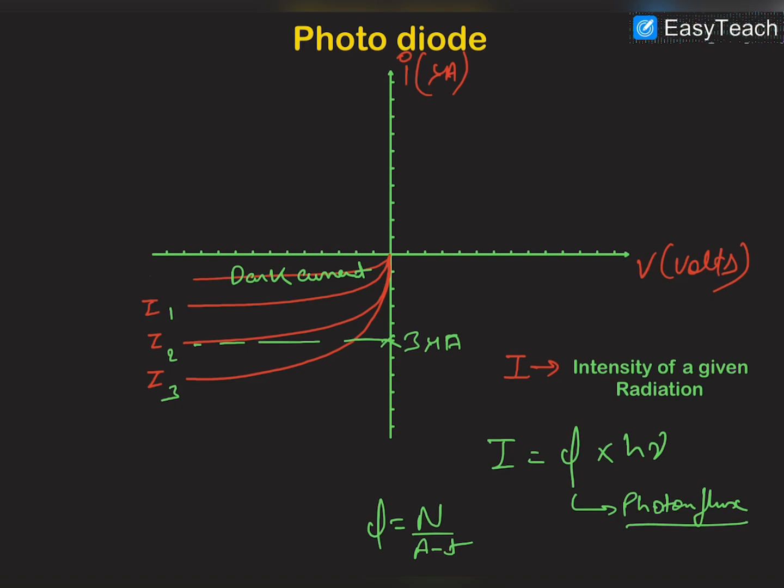So we need to operate this diode in reverse saturation mode, and therefore by keeping the doping concentration mild, not very heavy, we increase the depletion region width, and we increase the value of the reverse saturation voltage.